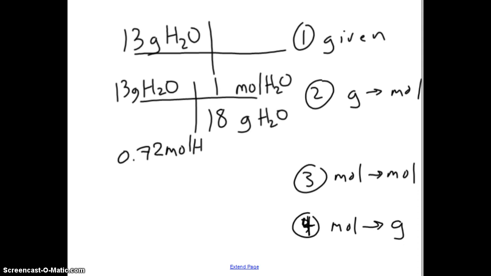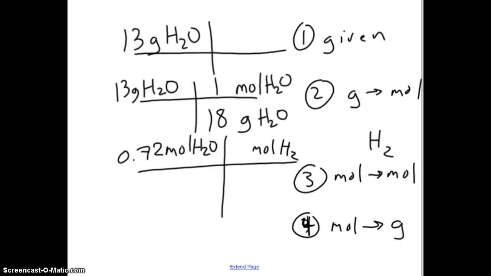Moles of H2O. We are now converting that from moles of H2O to our product. In this case, I haven't told you what the product is. Let's say that my product is going to be hydrogen gas, H2 gas. So moles of H2 goes here. Moles of H2O goes in the bottom.